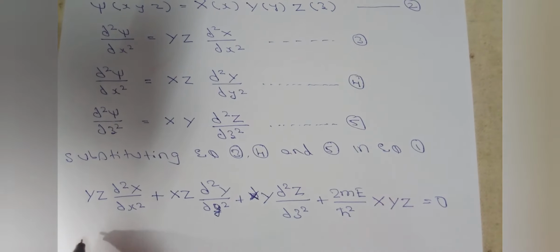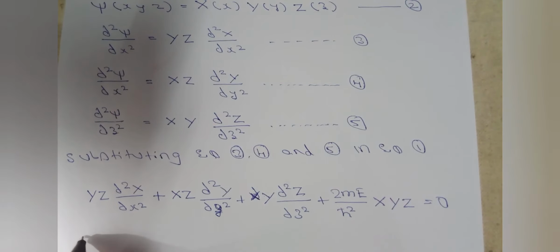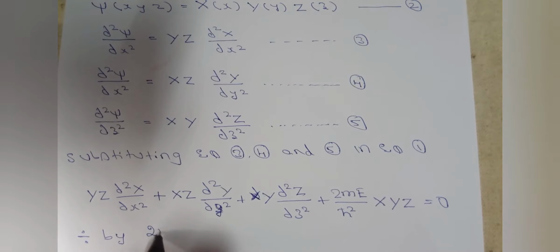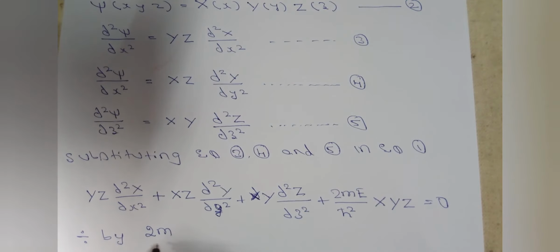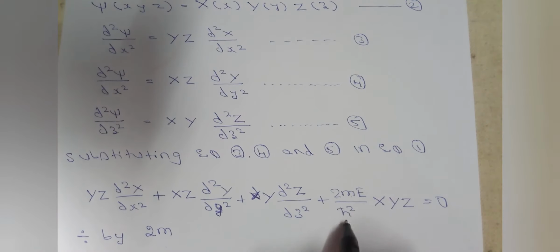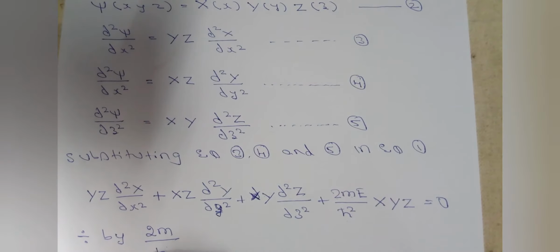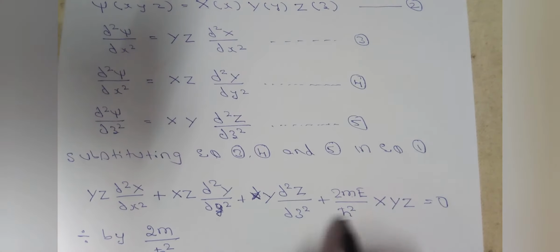Now we divide by XYZ, and also by 2m divided by h cross square.